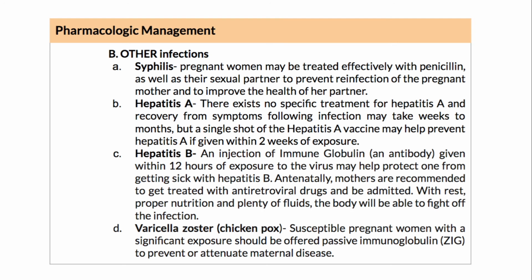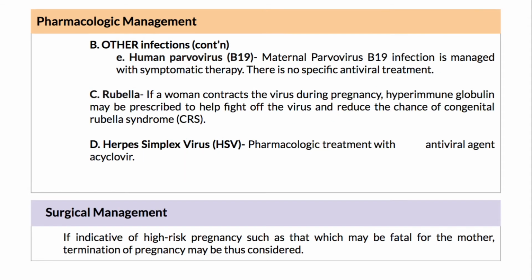With rest, proper nutrition, and plenty of fluids, the body will be able to fight off the infection. Varicella zoster or chickenpox. Susceptible pregnant women with a significant exposure should be offered passive immunoglobulin or ZIG to prevent or attenuate maternal disease.